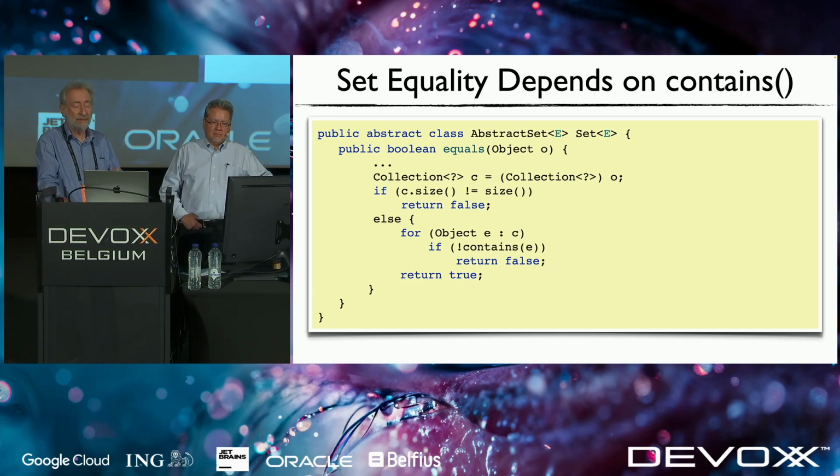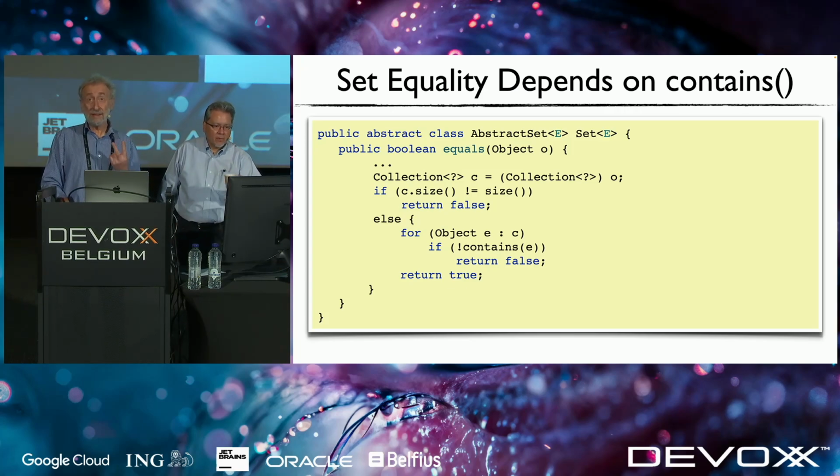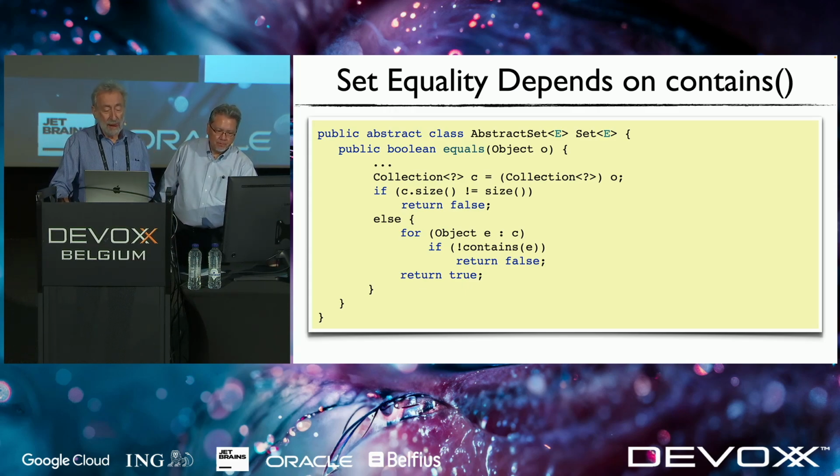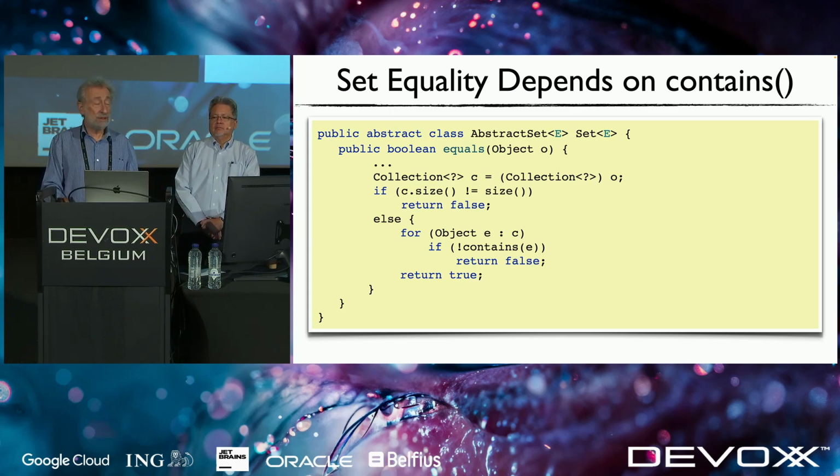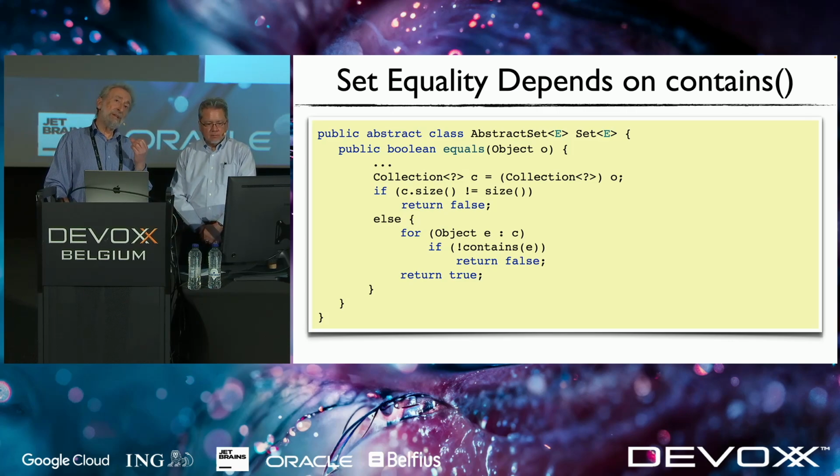Here's how it determines it. This is simplified and refactored, so it would fit on a slide. But roughly speaking, this is what it looks like: an abstract set, which we've already met. What the abstract set method for equality does is compare the two sets for size, and if they're the same size, which they were in this case, both of them had 2 elements, it then iterates over the argument, and for each element in the argument set, it says, do I contain that object?